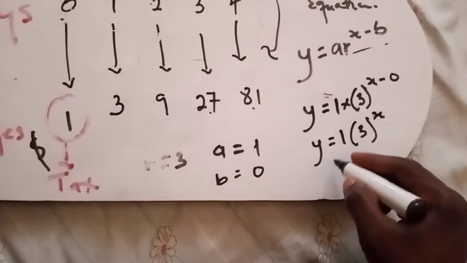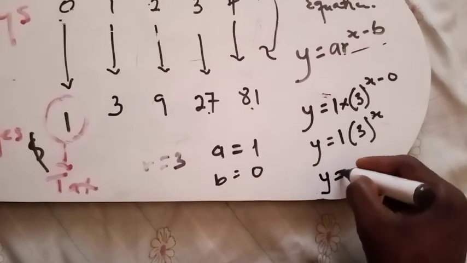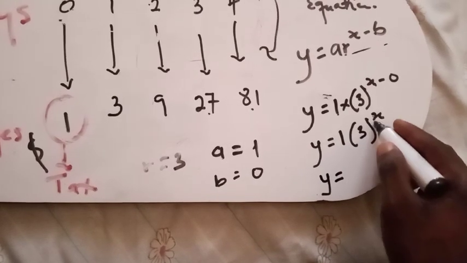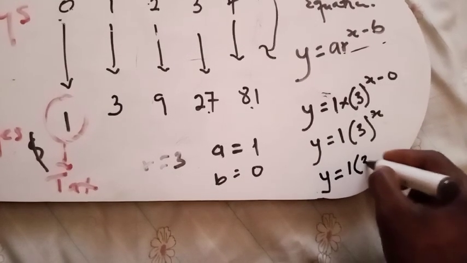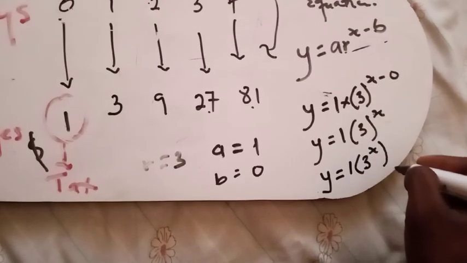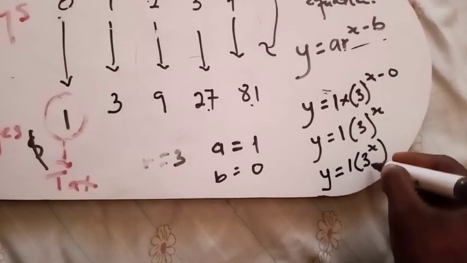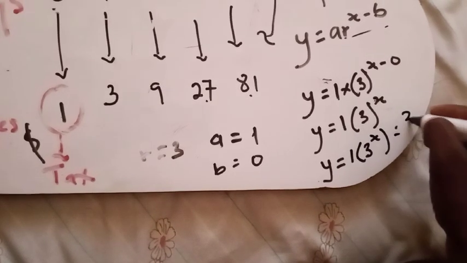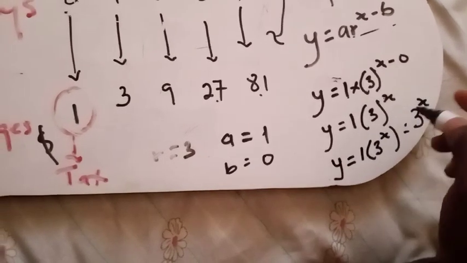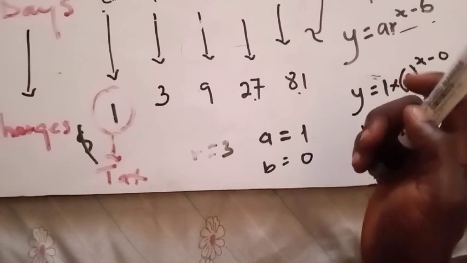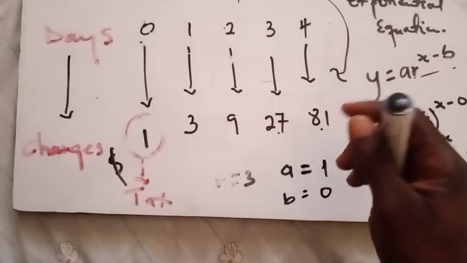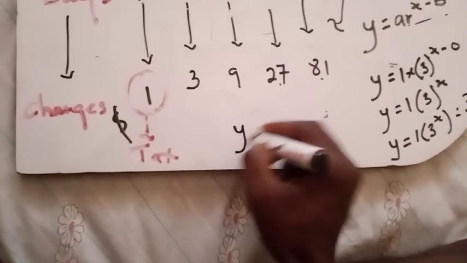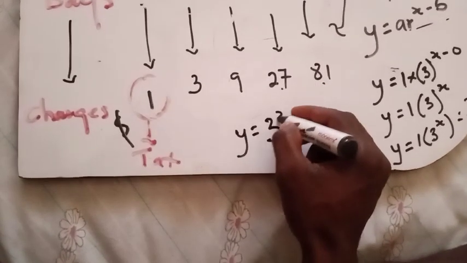So y is equal to 1 multiplied by 3 to the power x. 1 multiplied by anything is the same number, so we have 3 raised to the power x. So the general equation for this information is y equals 3 raised to the power x.